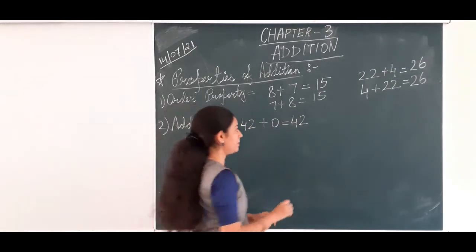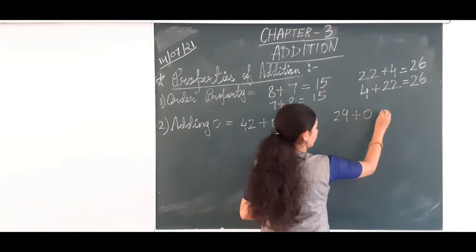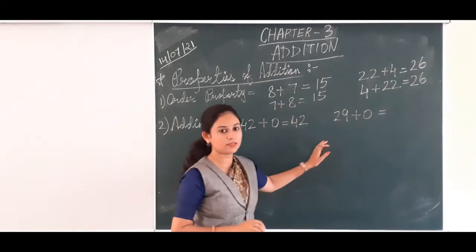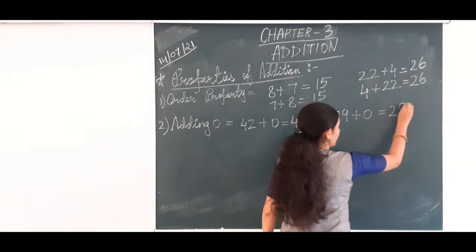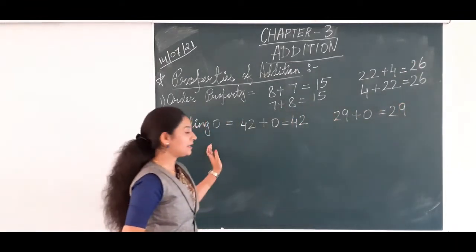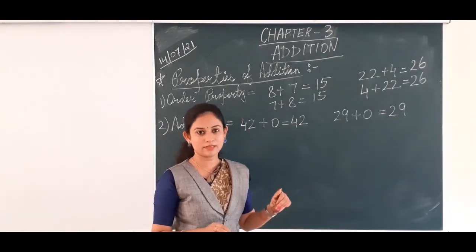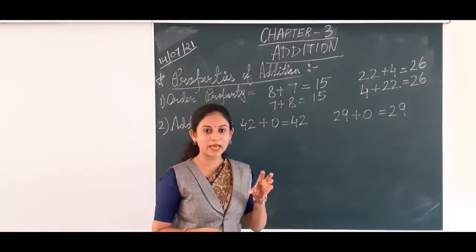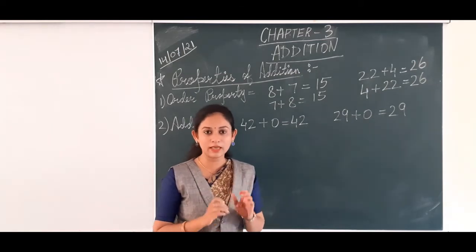Second example, 29 plus 0 is equal to 29. So adding 0 to any number gives the number itself as the answer.